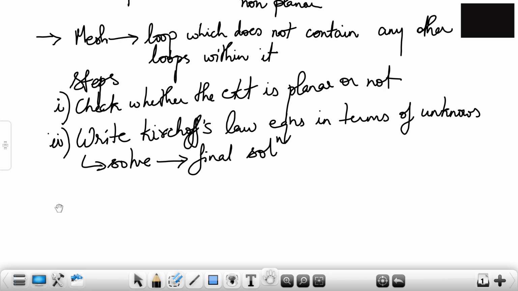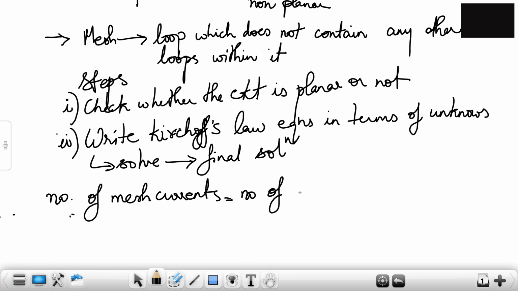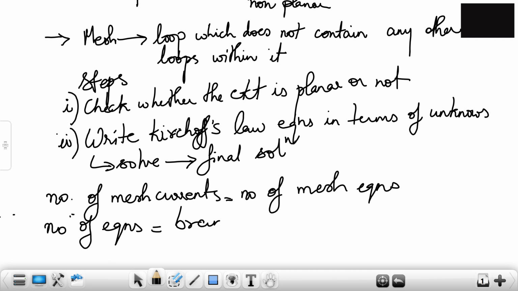Let's start with the equation. Number of mesh currents is equal to number of mesh equations, and number of equations is equal to branches minus nodes minus 1.